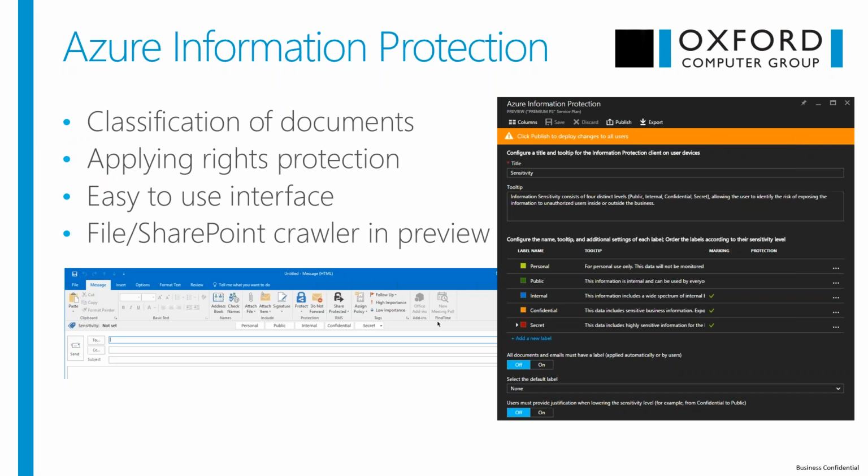Now, one of the things that just came out into preview is a files and SharePoint crawler, which will actively go out and look at files at rest, whether they be on a network attached storage device or in SharePoint, and it will classify those files based upon rules that you would have put in place, either through some Office 365 or Azure Information Protection built-in data loss prevention rules, looking at things like social security numbers, credit card information, or your own custom regexes, however you want to configure them.